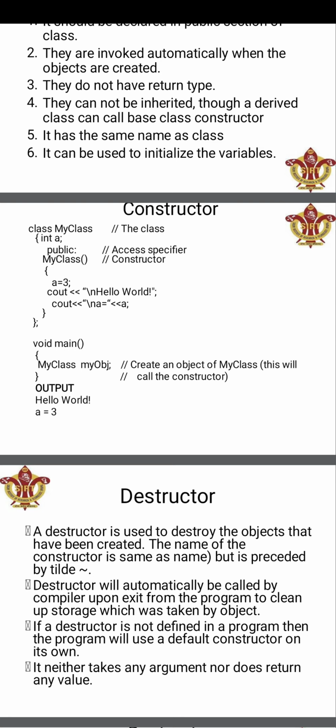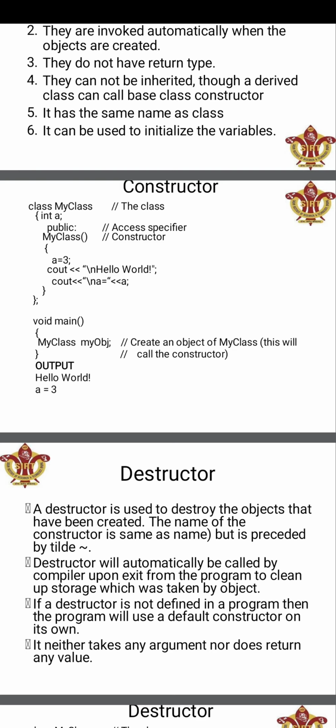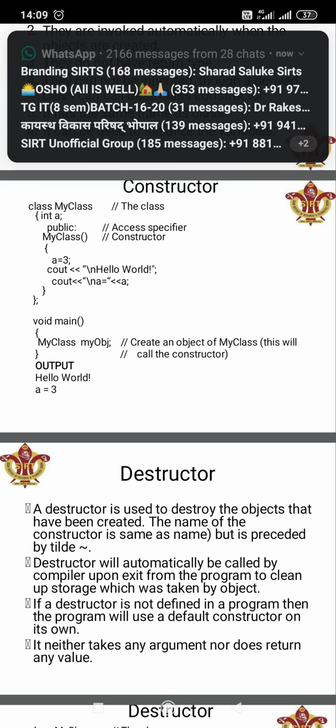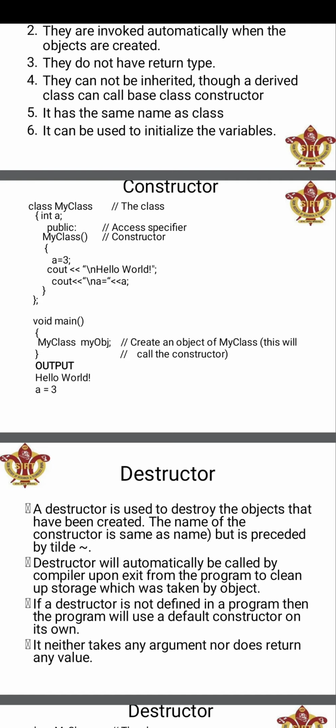That is, from the main we cannot access the private variables or functions. The only things accessible from main are those which have been written in the public section of the class. So here we have declared one variable integer a. We have not specified any access specifier, therefore it is private in nature. It means we cannot access this variable a in the main directly. However, all the private variables and functions can be accessed by the member functions of that class.